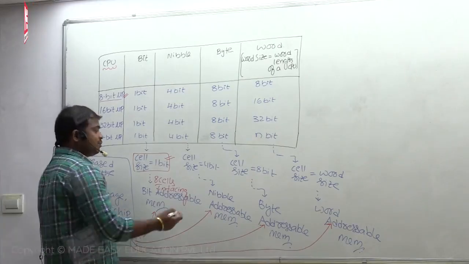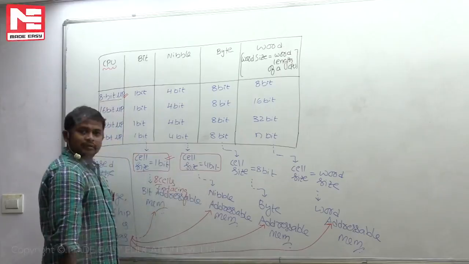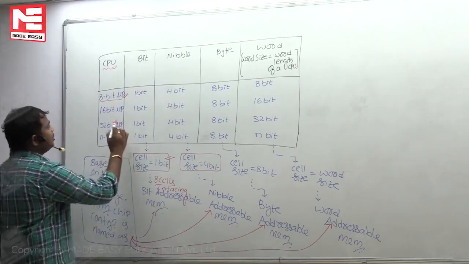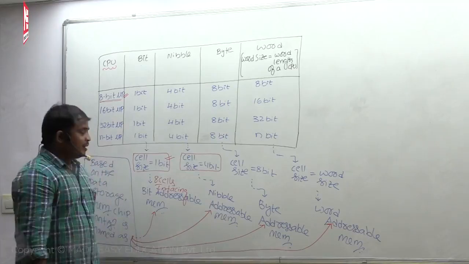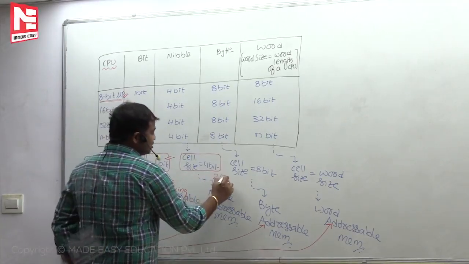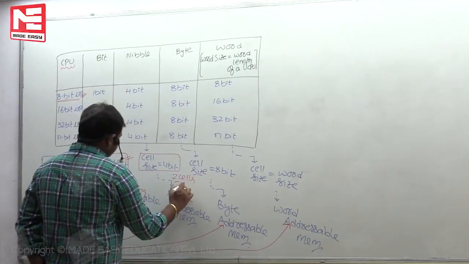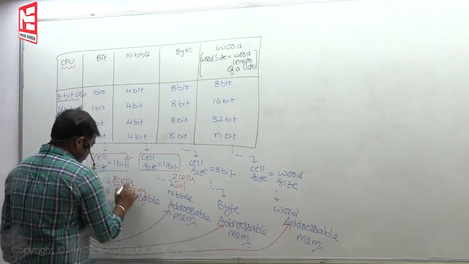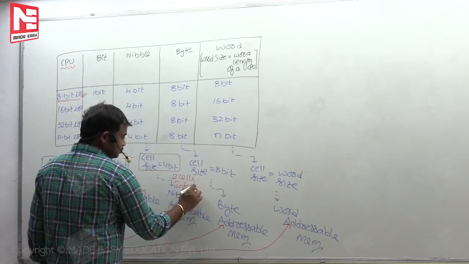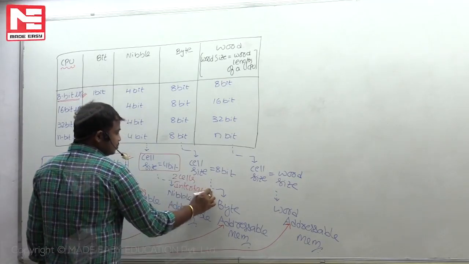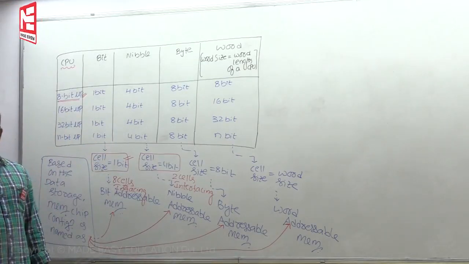In the nibble addressable memory, each cell contains 4 bits. Now our CPU is an 8-bit CPU, right? This 8-bit information is available in 2 cells. So to get 8-bit information, 2 cells interfacing is required.